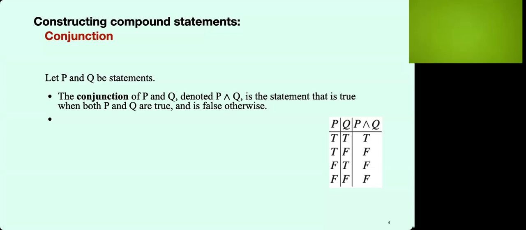So P and Q is the statement that is true when both P and Q are true, and otherwise it's false.